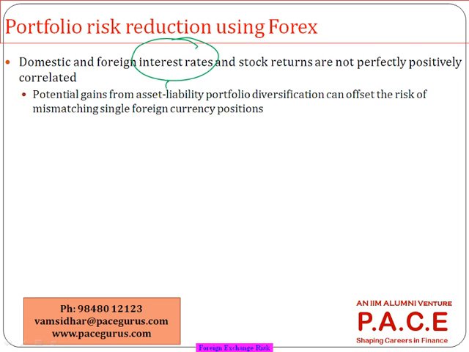So that is where, because of the non-perfect correlation that exists between the domestic and the foreign interest rate markets, and between the domestic and the foreign stock markets, it is advised that you diversify your entire portfolio by maintaining some international portfolios, right?